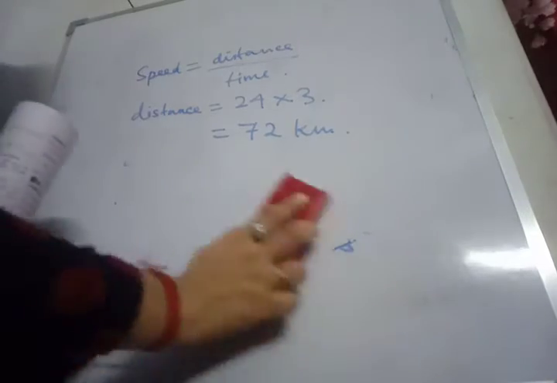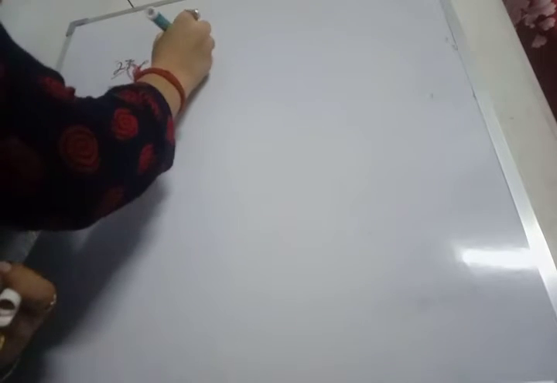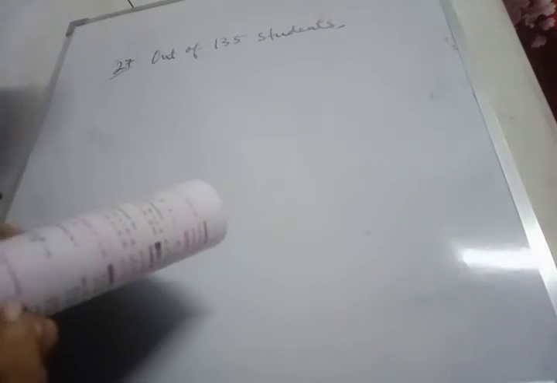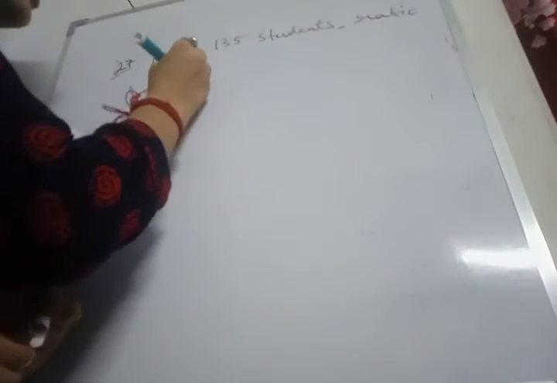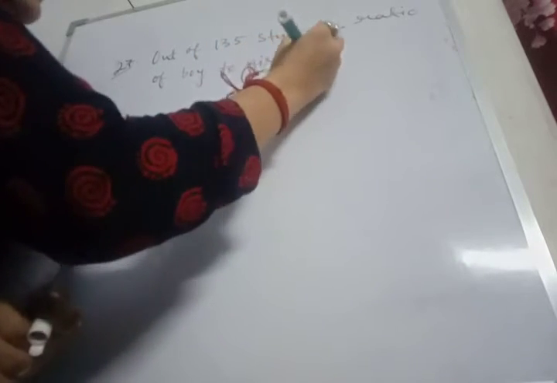Okay. Next sum is sum number 27. Out of 135 students, the ratio of boys to girls is given as 4:5.